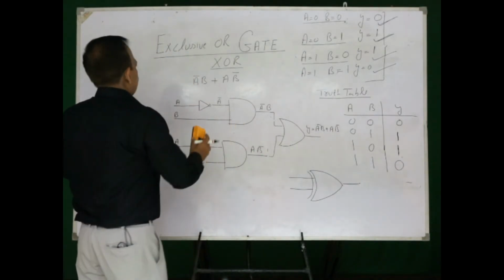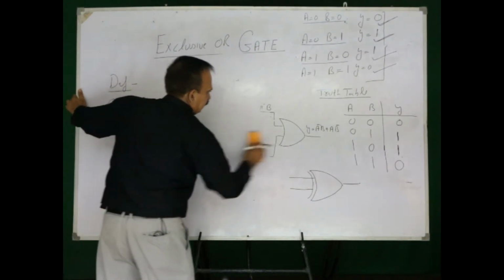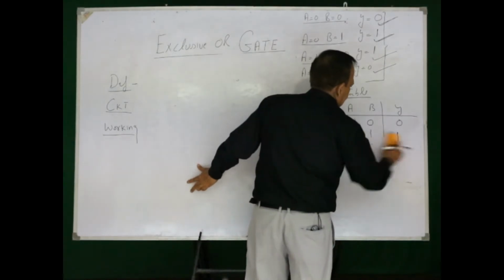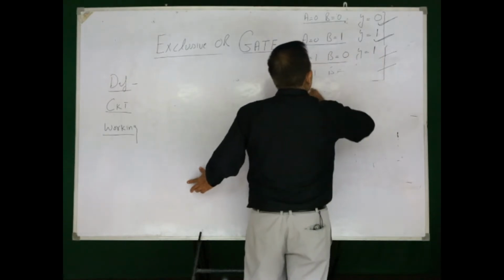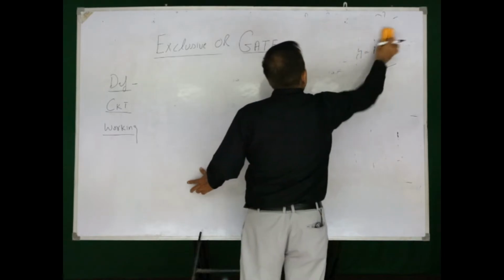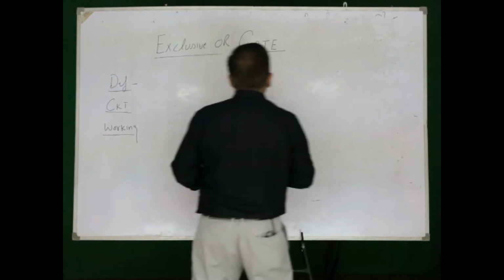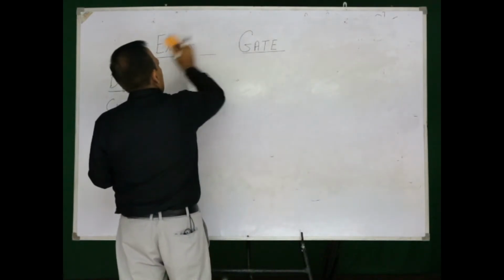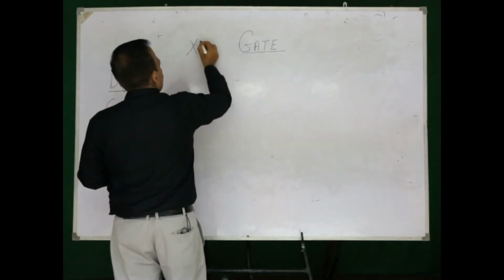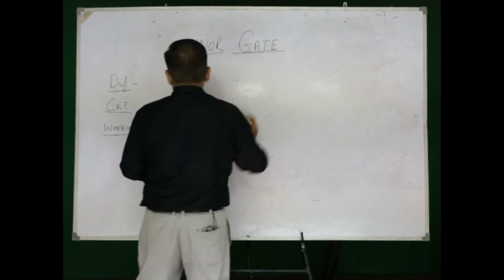The next in the sequence is XNOR gate. This is XNOR gate. Now, the name is suggesting XOR gate and NOT gate combination. This is exclusive NOR gate or XNOR gate.